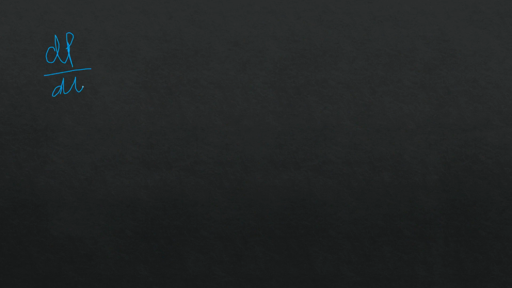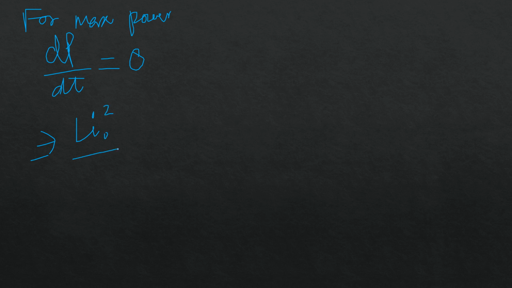Why? Because for maximum power, dp by dt is equal to how much? 0. So now put it there. dp by dt is L I naught square by tau.